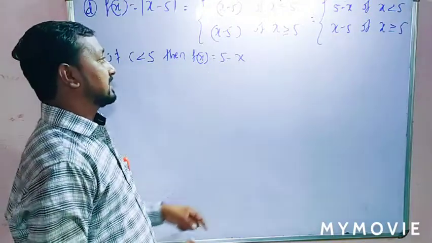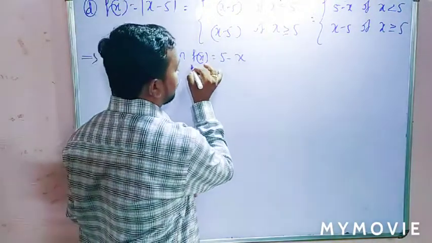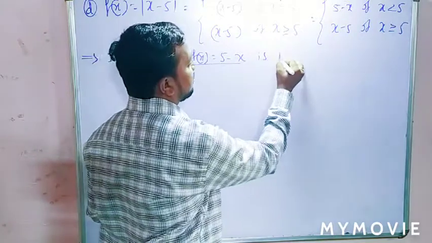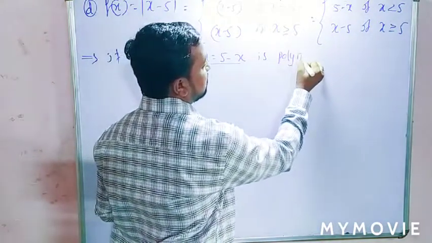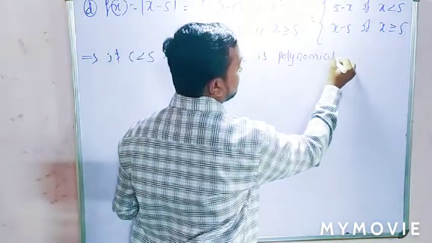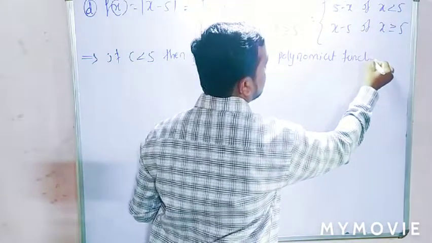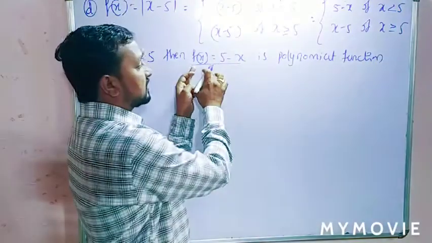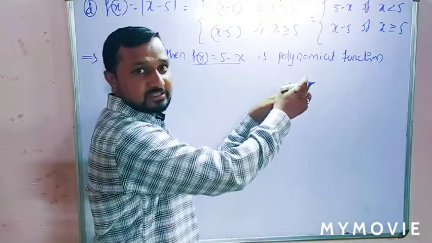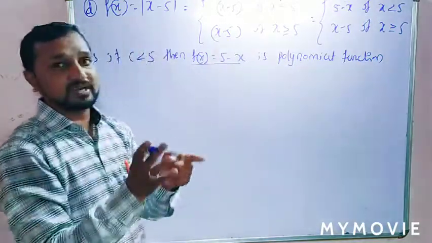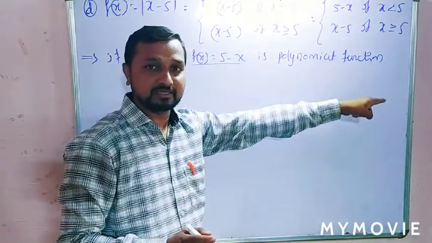Or otherwise, f of x equals 5 minus x is a polynomial function. Is that clear? Here f of x equals 5 minus x is a polynomial function. So remember that, students, every polynomial function is continuous.